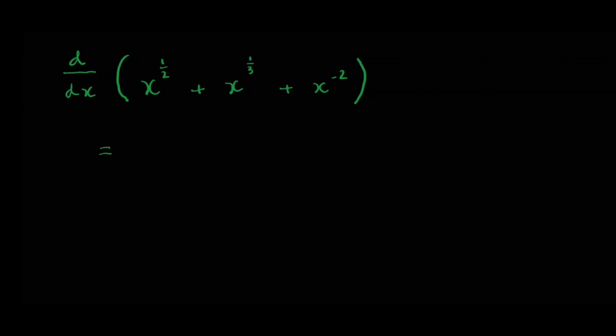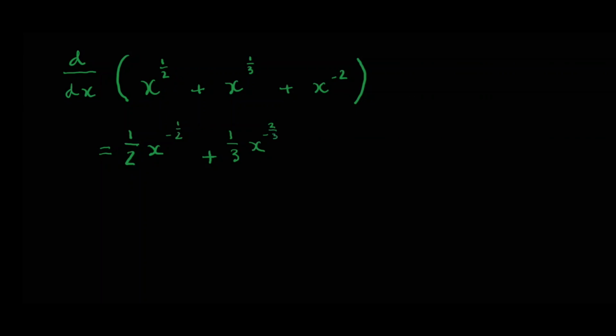So for x to the power of 1 over 2, multiply by 1 over 2, and then take 1 away from the power. So that becomes x over 2 to the power of negative 1 over 2. Next we have x to the power of a third, so we multiply by 1 over 3, and then we take 1 away from the 1 over 3 exponent, so it becomes negative 2 over 3.